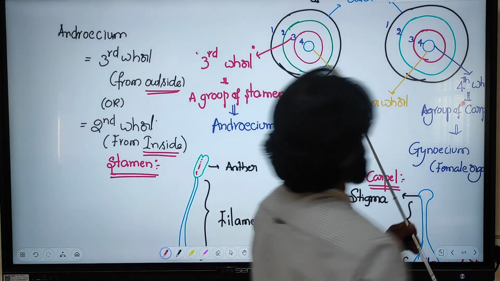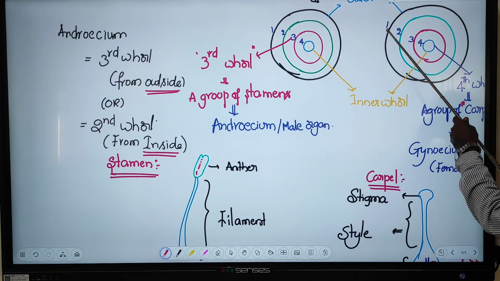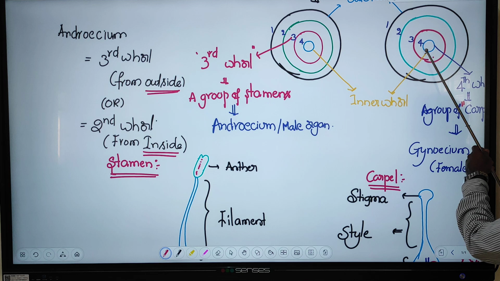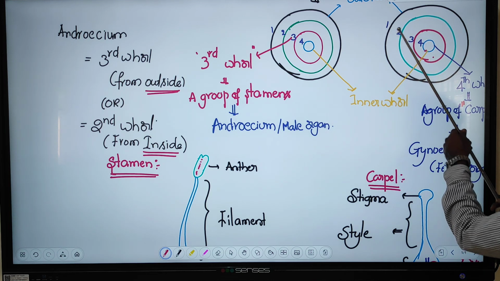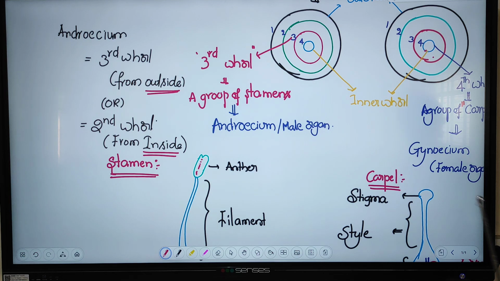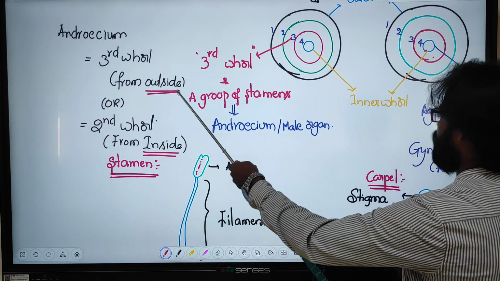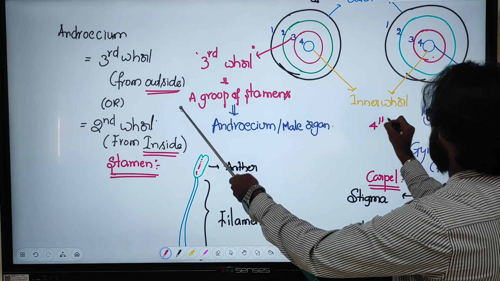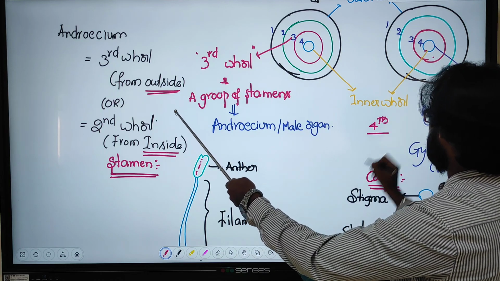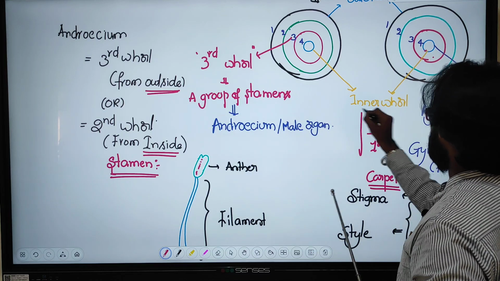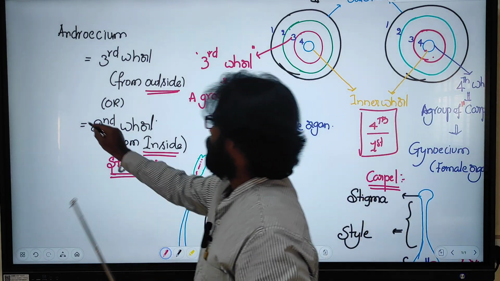Even here, the same thing: from outside to inside, the gynoecium is the fourth whorl, or else from inside to outside, the first whorl. So we need to focus more attention on this number.